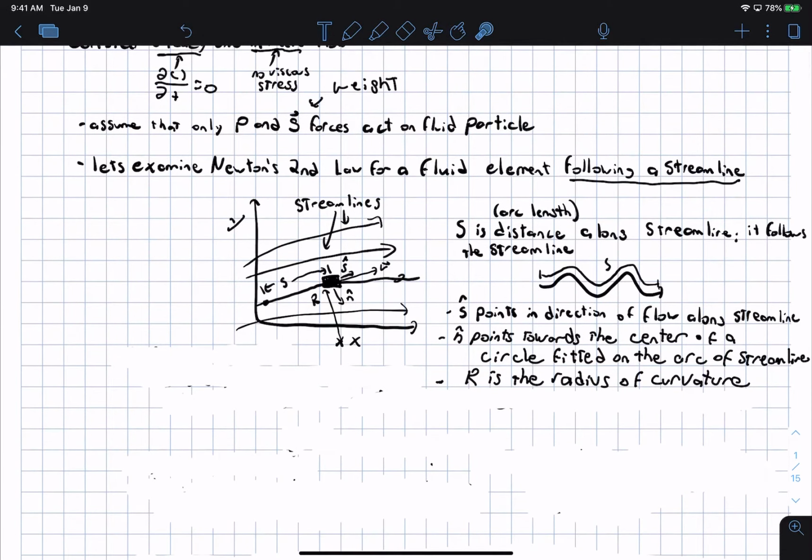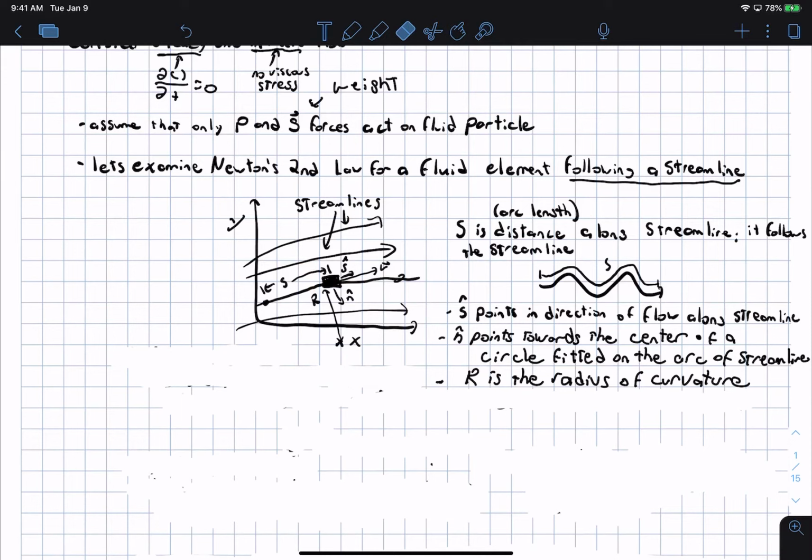Now the nice thing is that we have a steady flow. That means the streamlines are not changing with time, and we're just following the small fluid element around and analyzing the forces on it. Note, we do not need to worry about flow going across the streamlines.